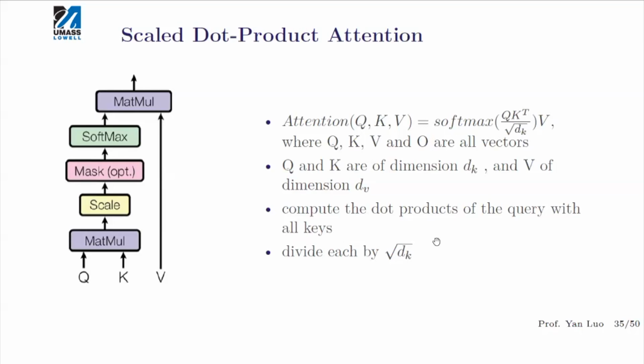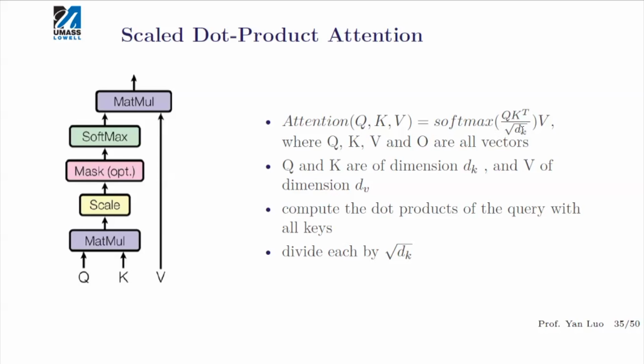In this 2017 paper, they used a slightly different attention called scaled dot product attention. Everything else is the same, except that there's a scaling operation when we calculate the compatibility score and before we generate the softmax. So the softmax function will take the scaled value of these dot products.